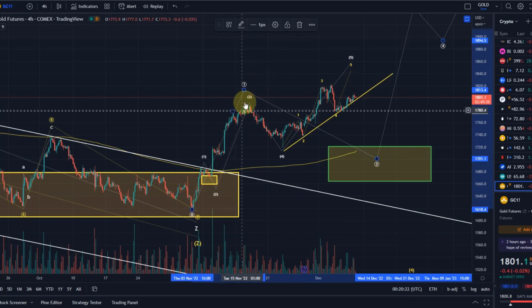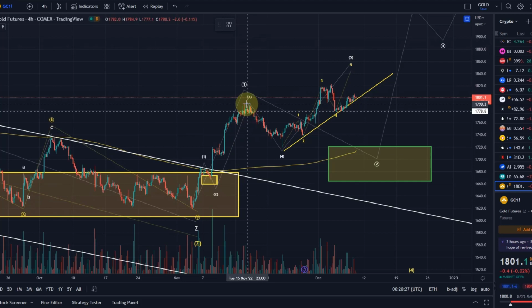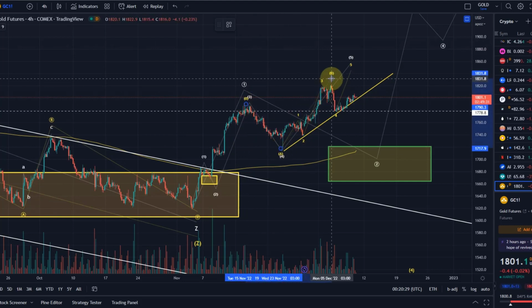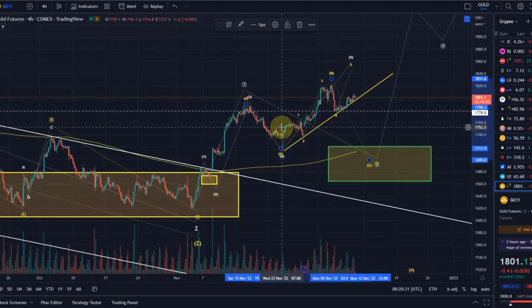I would have to say wave 1 was finished here, and that we are moving actually in an ABC structure here: A, overshooting wave B and C. I see that a little bit less likely, because an overshooting wave B is not an ideal structure. They do of course exist. It would be a so-called expanded flat pattern, wave A down, overshooting wave B, and wave C down, but it's not ideal. They are happening more and more frequently, but they are still not the common pattern.